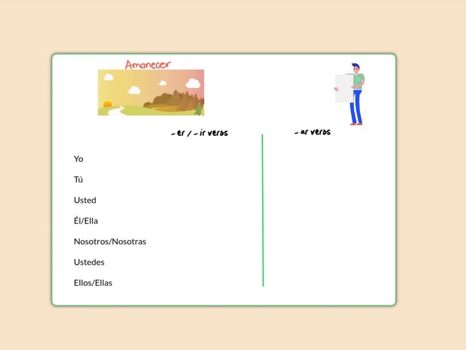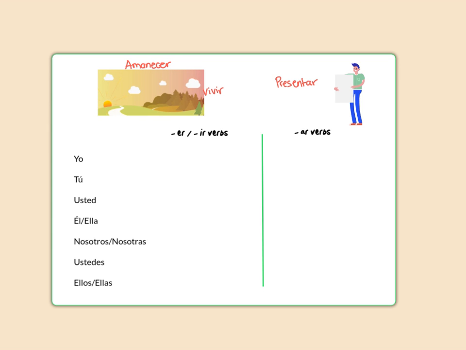So amanecer is the verb we're going to use for an example for our ER verbs. Then we're going to be using the word vivir, because the trees in my picture are alive, for our IR verb. And then we're going to have the verb presentar, which is to present, for an example for an AR verb. So let's begin and take a look at how we form these.